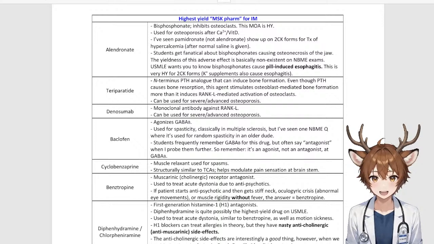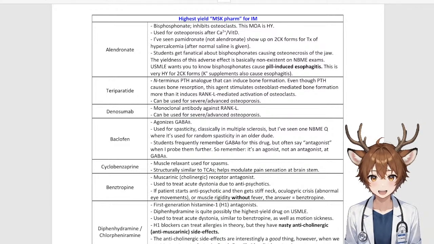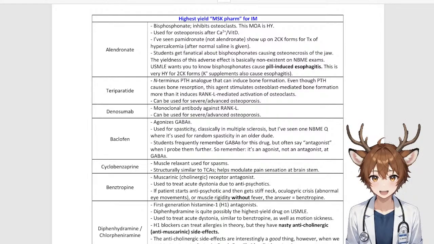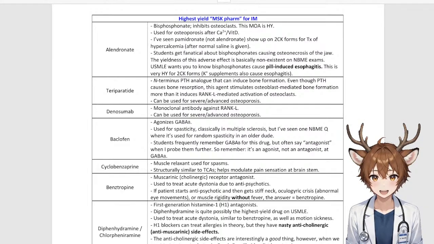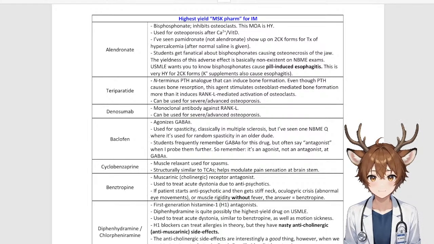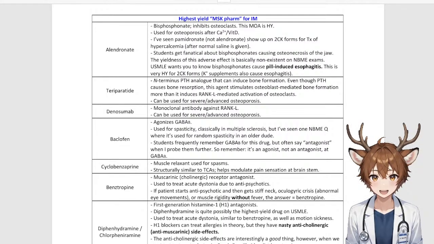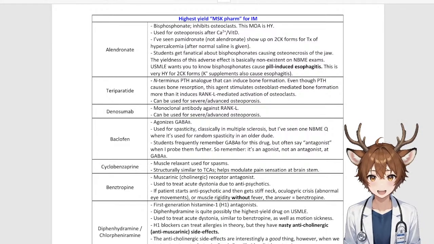Teriparatide, N-terminus of the PTH analog, this is a parathyroid hormone analog that can induce bone formation, even though parathyroid hormone causes bone resorption. Basically what happens is that both PTH and this analog teriparatide act in this whole system related to the bones and the absorption of different things.